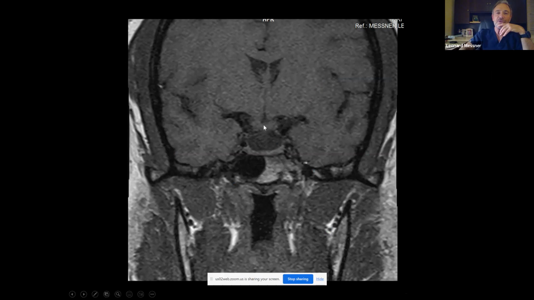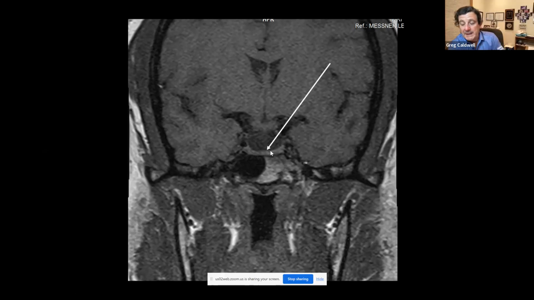So the chiasm is here. This is subarachnoid space. This is fluid within what is termed the suprasellar cistern. The pressure is elevated here, which is literally now compressing the pituitary gland against the floor of the sella. And that's what you see here with the arrow. So that very thin white area is your pituitary gland. Yep, that's it exactly.